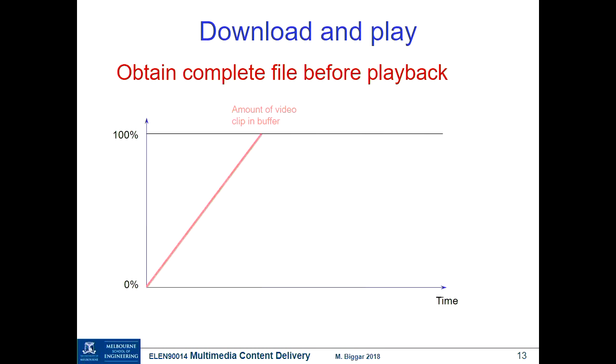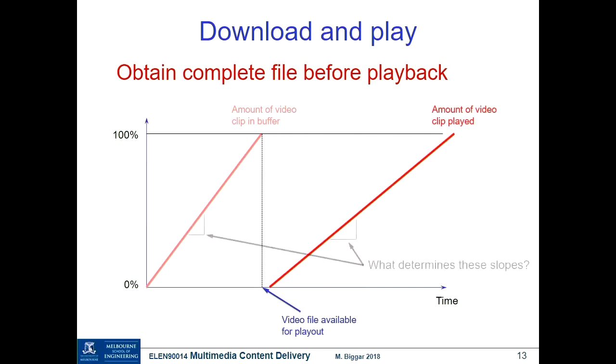It's just modelling this as a continuous, constant rate download. And so after some certain time, we've downloaded the entire movie. That's what that's supposed to indicate. And then only at that point is the file available for play out, and we can play it out wherever we like. The advantage, of course, I didn't mention earlier, is that we can easily jump about wherever we like. But this does involve this long delay.